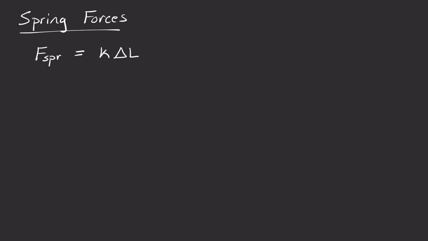Okay, so this K is just a proportionality constant, and it tells you how stiff your spring is. Okay, so this is called the spring constant, and it gives you the stiffness of the spring. Okay, so a really stiff spring would have a big value of K, and a really lanky kind of spring that's not stiff would have a small value.